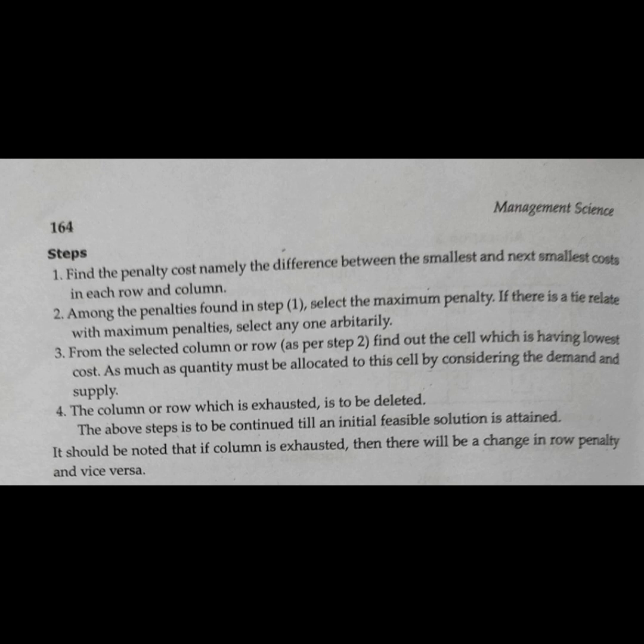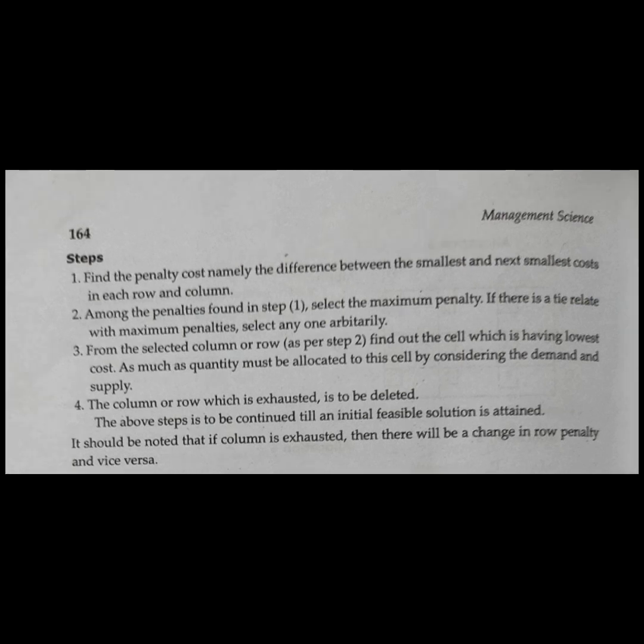If there is a tie among maximum penalties, select any one arbitrarily. The third step is, from the selected column or row, to find the cell which has the lowest cost. As much quantity as possible must be allocated to this cell, considering the demand and supply.